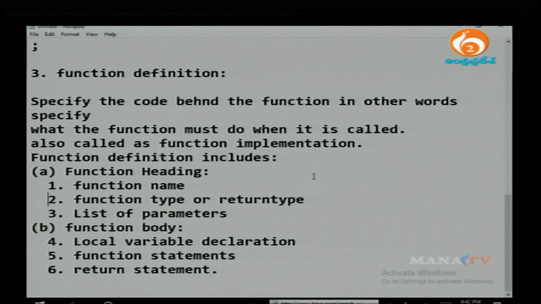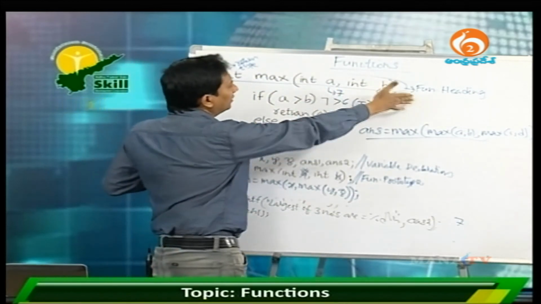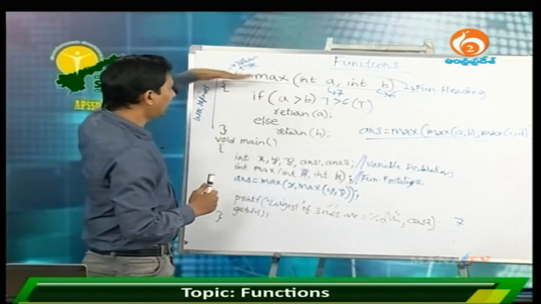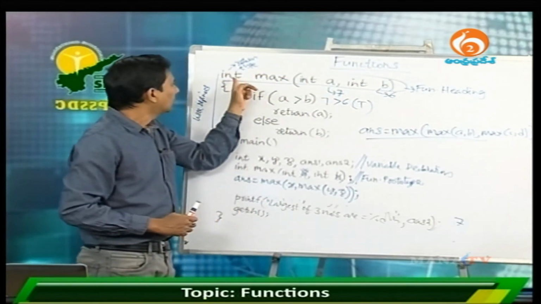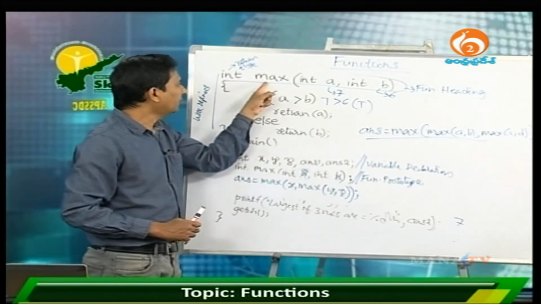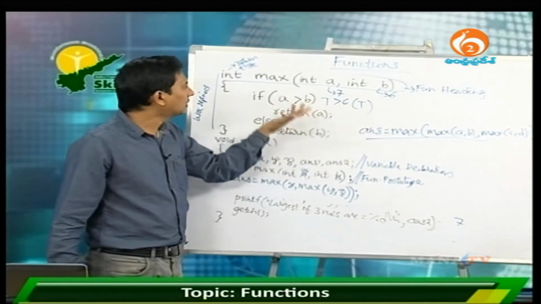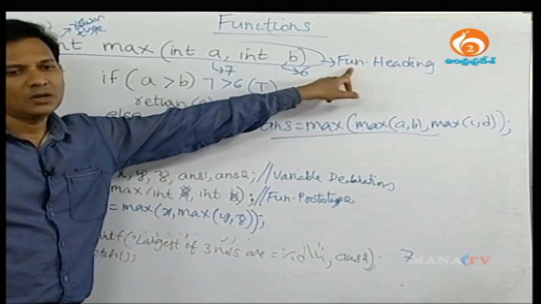Here where is the function heading? You can see the board. Int max, int a comma int b, this is nothing but the function heading here. This is the type of the function, name of the function, parameters list. These three are the part of the function heading.